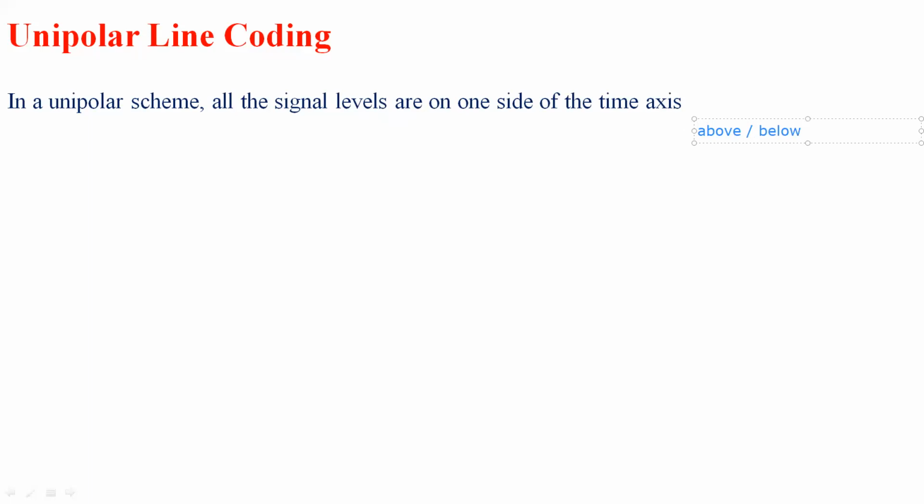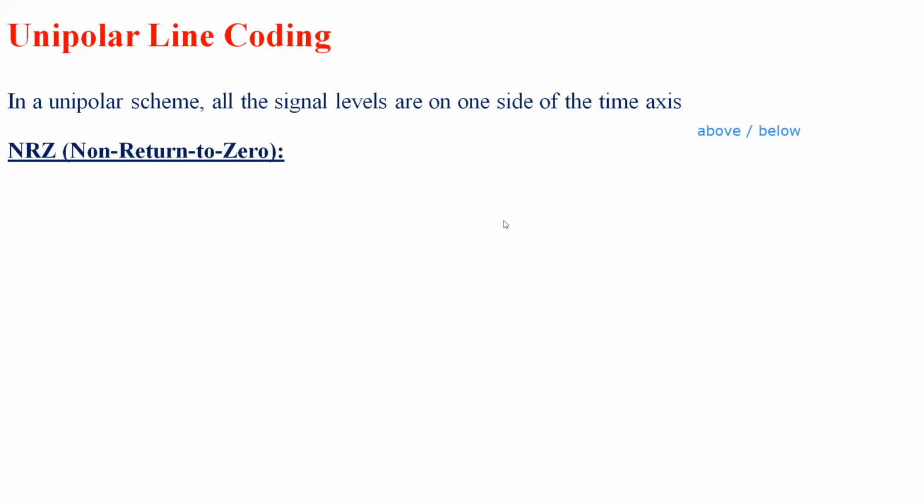So in a unipolar line coding scheme, all the signal levels are on one side, either above the time axis or below the time axis.